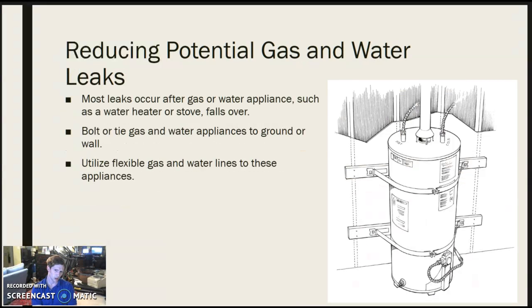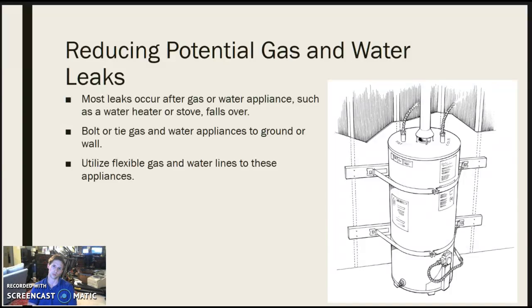As far as gas and water utilities, these need to be properly secured either through ties, like in the picture, or they need to be bolted to the ground properly. On top of that, you need flexible connector hoses.